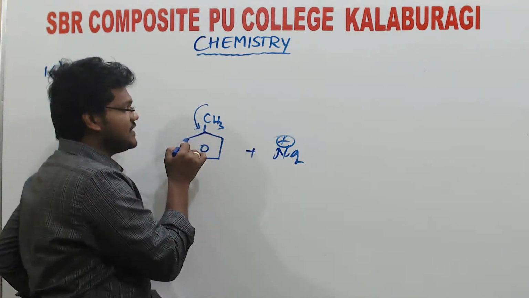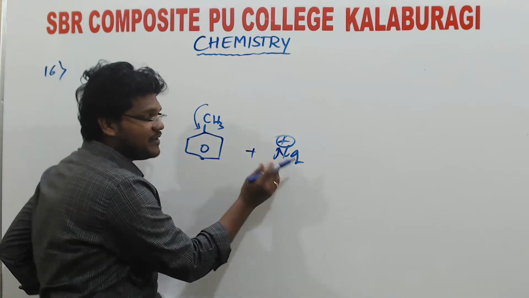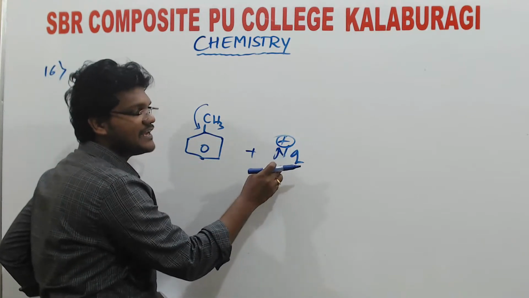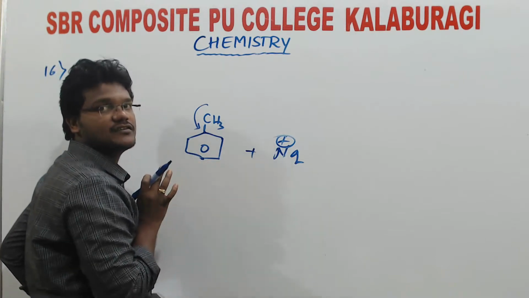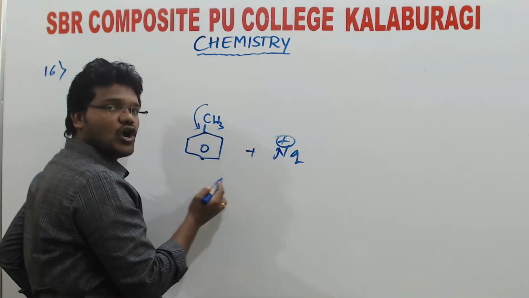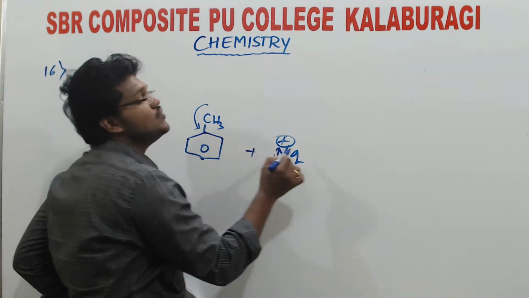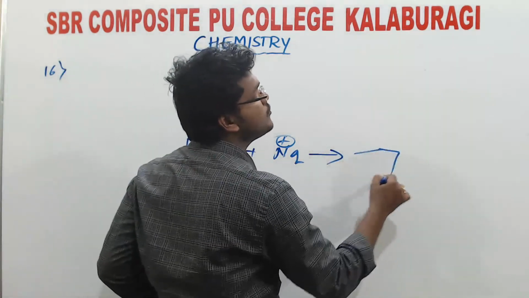So CH3 will increase electron density at ortho and para. This incoming molecule, which is an electrophile, is in need of electrons. So obviously it will attack either the ortho or the para position. So I am going to get two products.